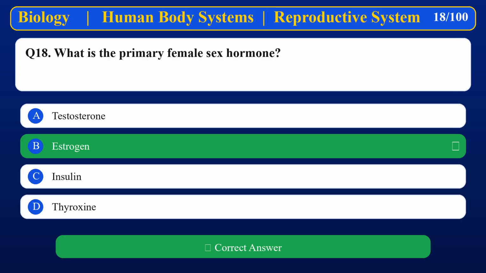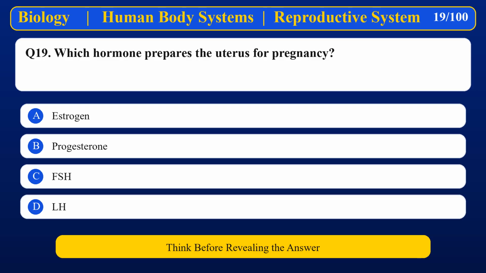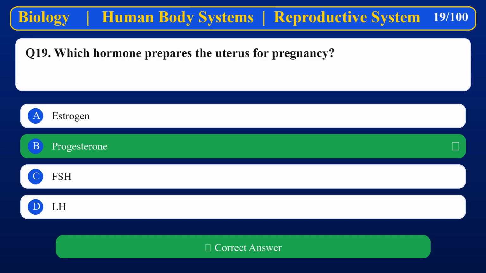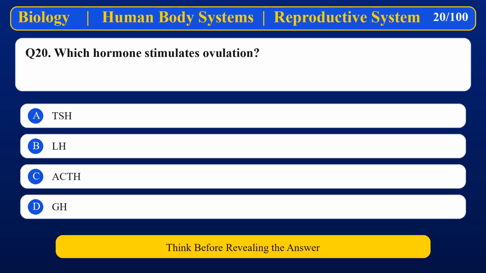What is the primary female sex hormone? Estrogen. Which hormone prepares the uterus for pregnancy? Progesterone. Which hormone stimulates ovulation? LH. Which hormone stimulates sperm production?